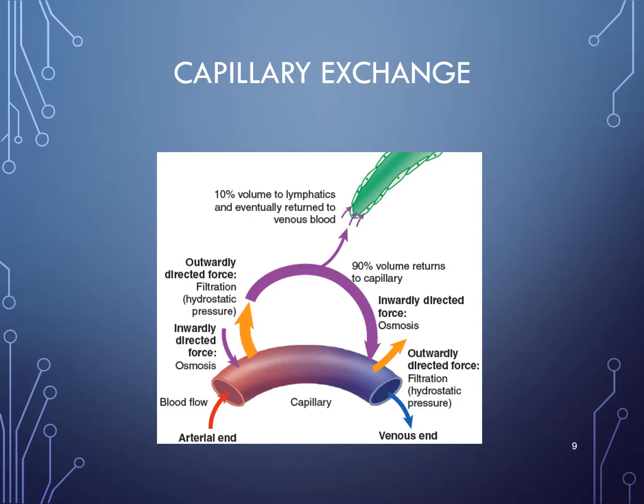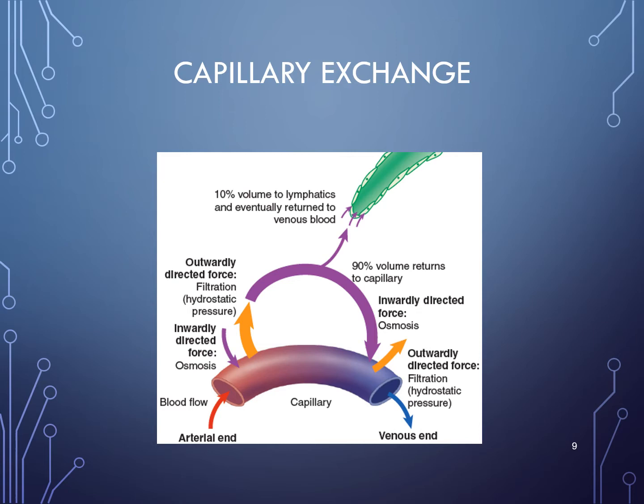So we already said that the capillaries are where the exchange of nutrients and gases and waste take place. And the way that that happens is by differences in pressure. So if you think about the heart beating creates blood pressure, which is exerted on the walls of the arteries because they're closest to the heart. So the arteries are going to have a higher pressure than the veins.